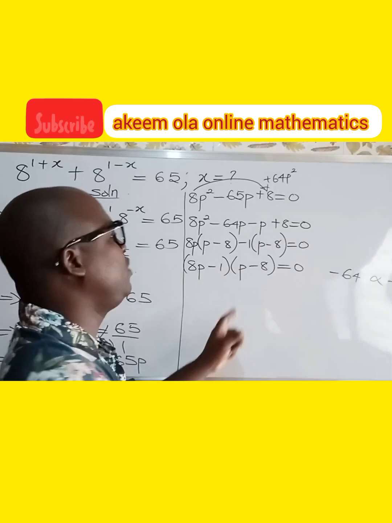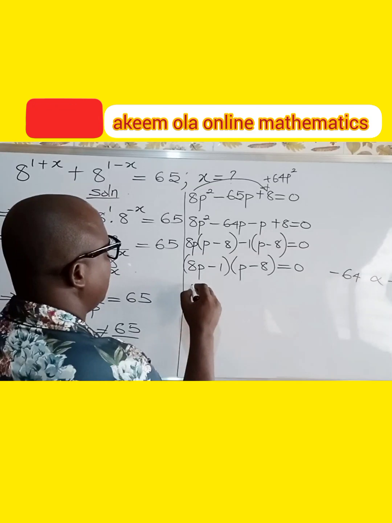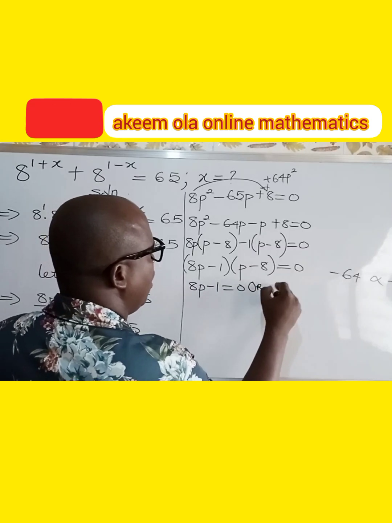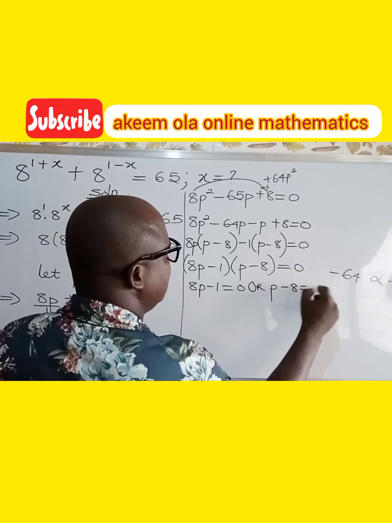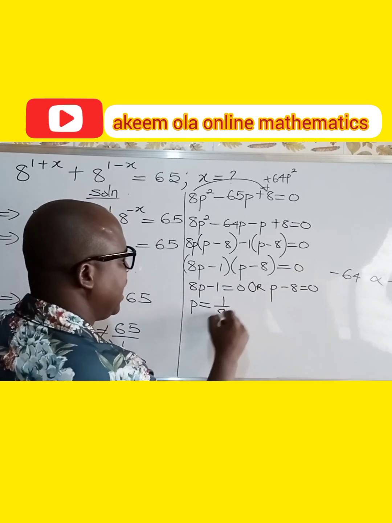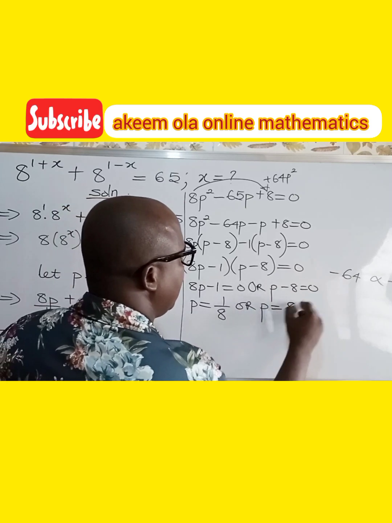So I can now equate both brackets to 0. I will have 8p minus 1 equals 0, or p minus 8 equals 0. So p is 1 all over 8, or p is equal to 8.